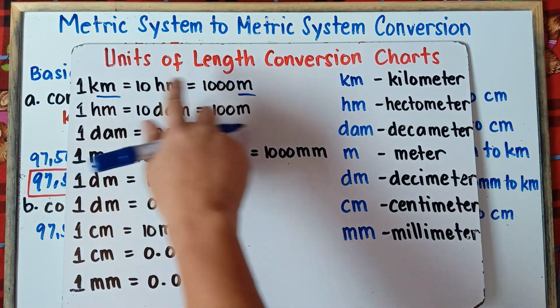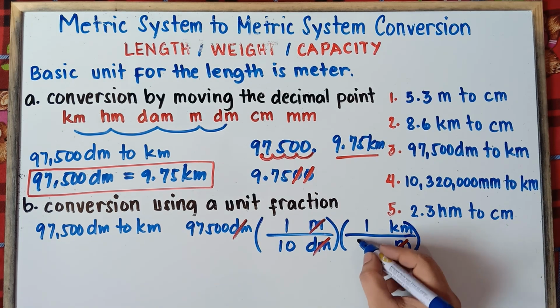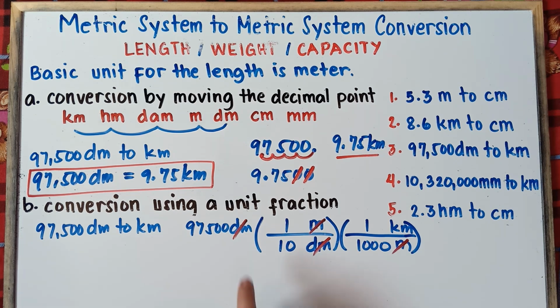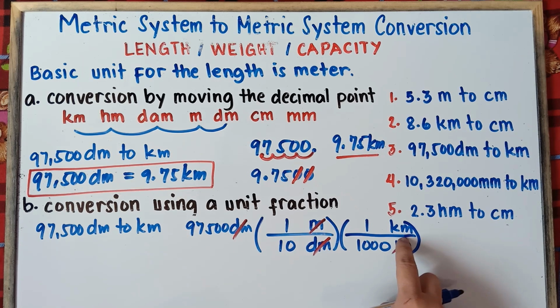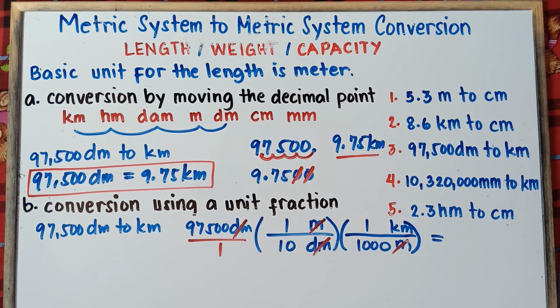Then we cancel decimeters and meters, so the remaining unit will be only kilometer. We can put a denominator of 1 for our given. Understand that any number has a denominator of 1.